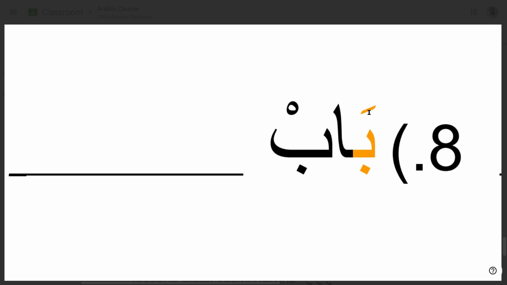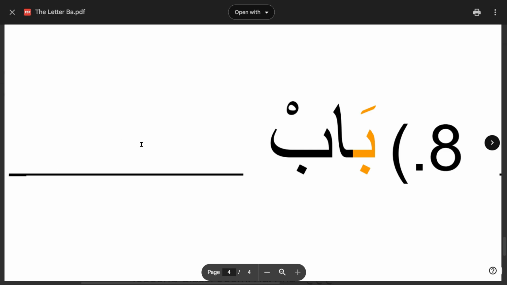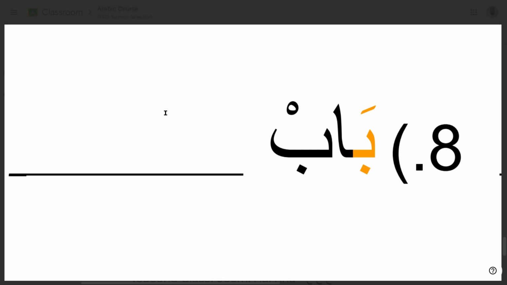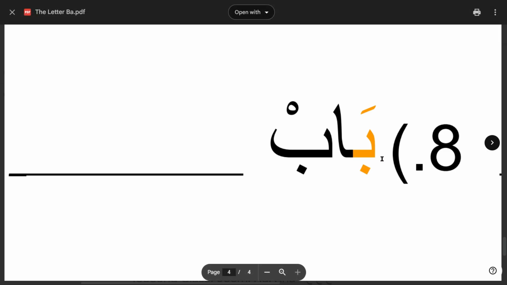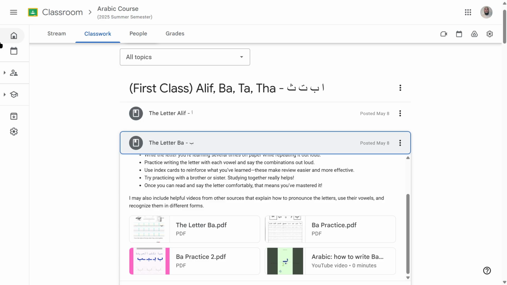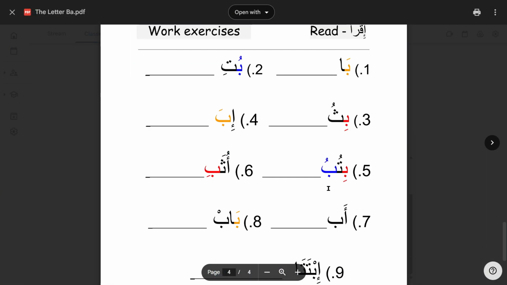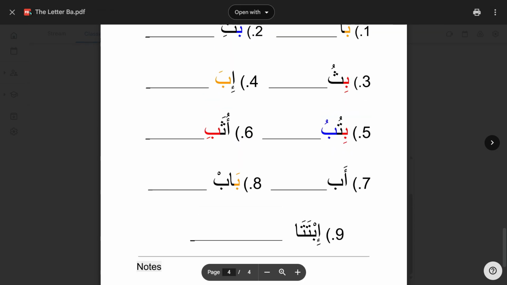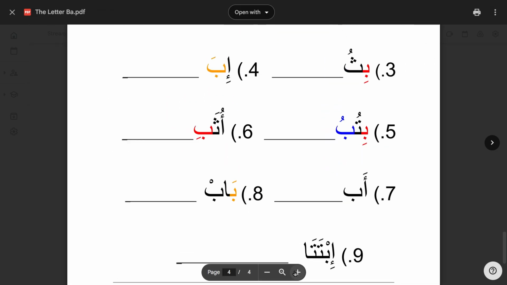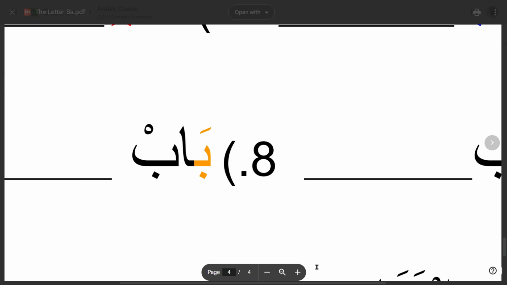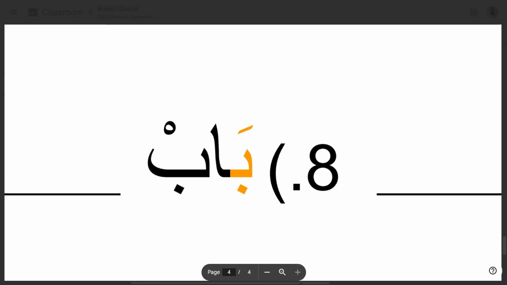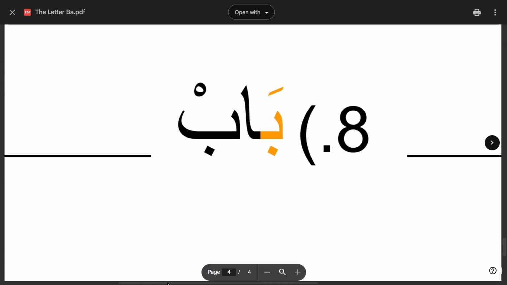Ba with a fatha, alif extension, B-A-A, and then B at the end because of the sukun. So bab, B-A-A-B is how you want to write it. And this actually means door in Arabic. Bab. So that's the first word that we're reading that actually has a meaning. If somebody's knocking on the door, you can say somebody's knocking on the bab.